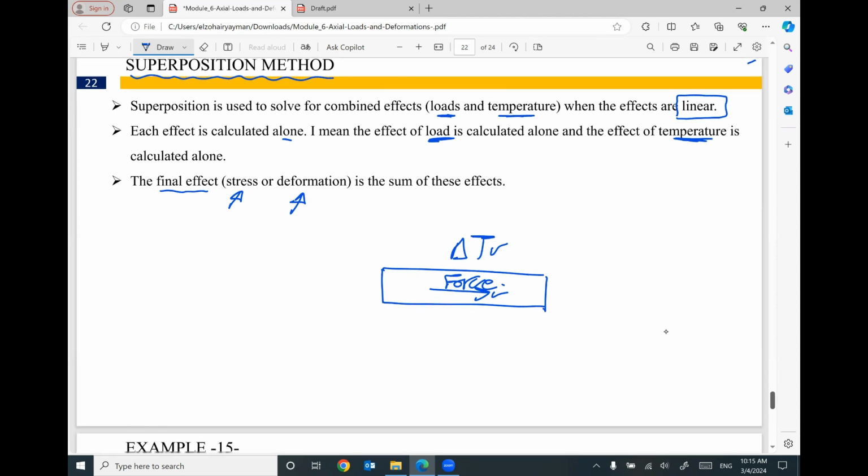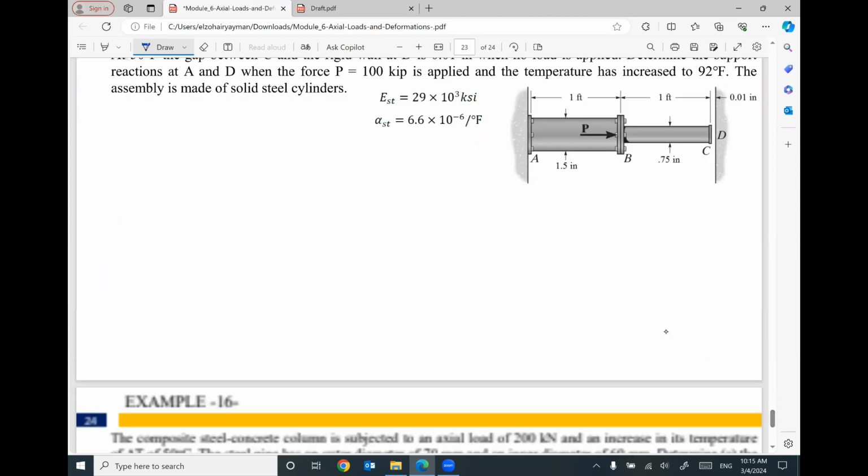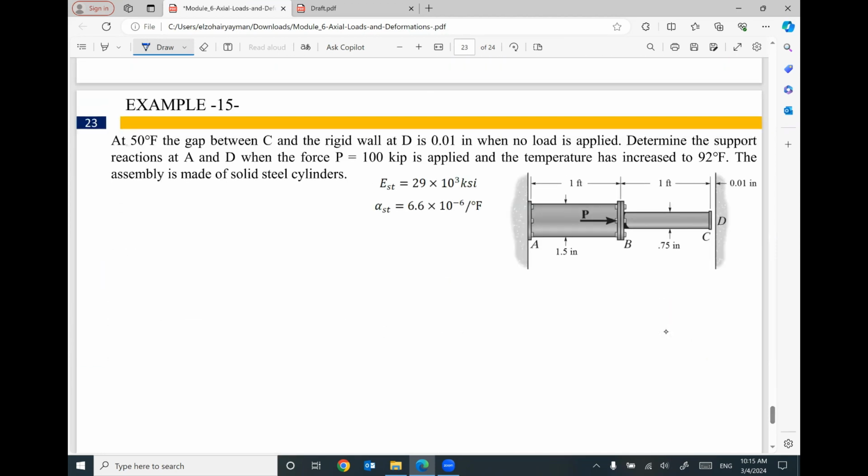The first example, we have at 50 degrees Fahrenheit, the gap between C and D is 0.01 inch, without any change of temperature, without any applied force.